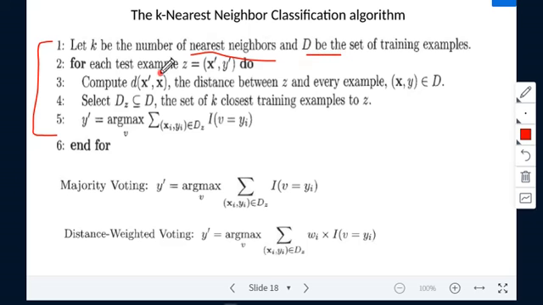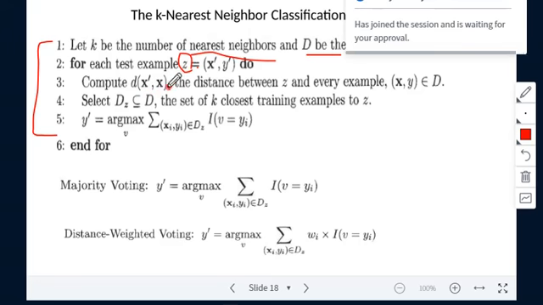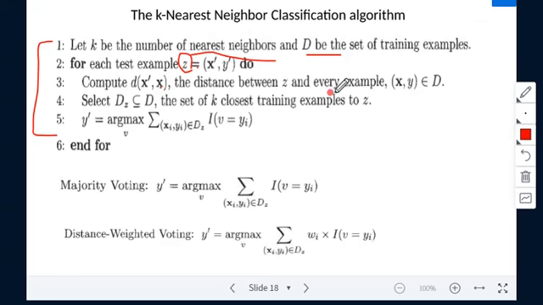For each test data z with x and y attributes, do the following: compute the distance between z and every example (x, y) that belongs to D. Then select the k closest training examples.